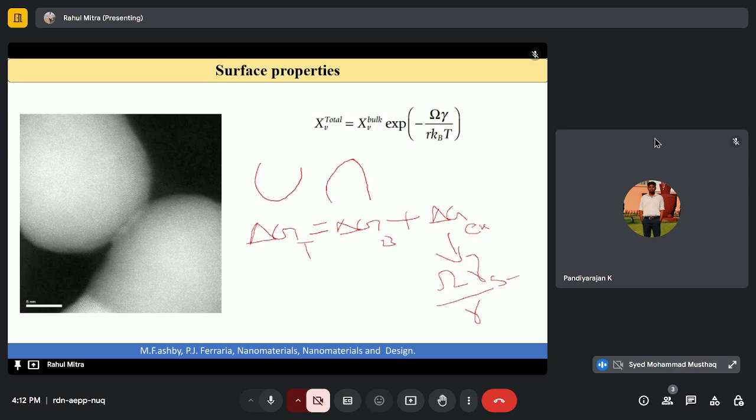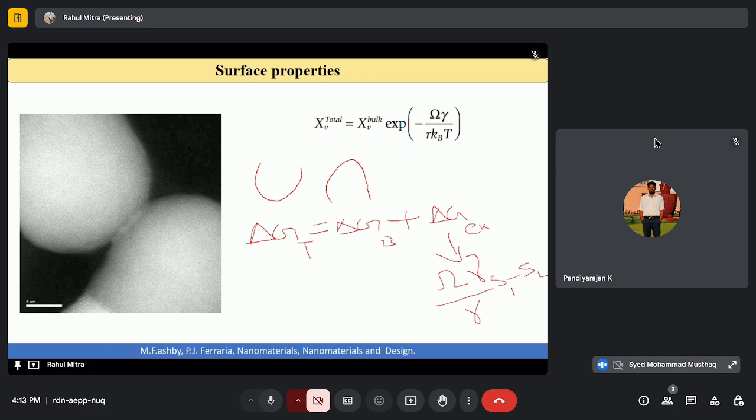Surface S1 and S2, like there are two surfaces. Then the next step is how to find the mole fraction, or the fraction of vacancies. The fraction is defined as the number of vacancies divided by the number of atoms.